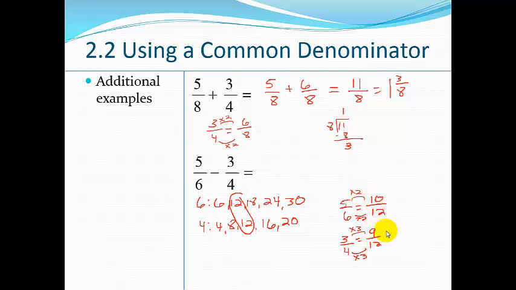Now that my denominators are the same, I rewrote 5/6 with the equivalent fraction of 10/12 minus 9/12. So that's 10 minus 9, which is 1 over 12. And that's a proper fraction, so there's nothing I need to do there.